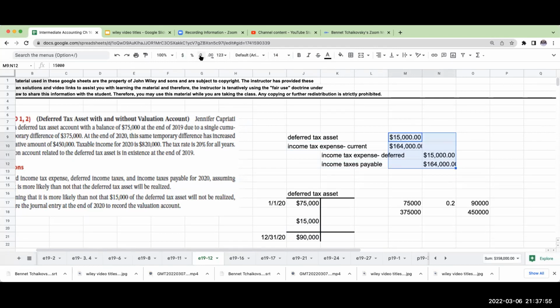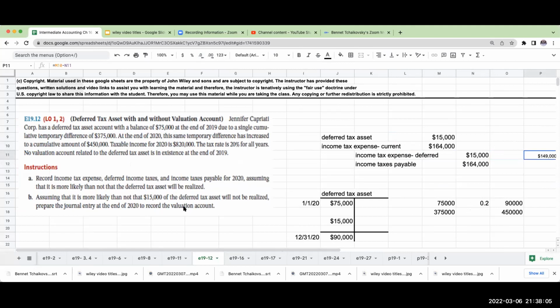When you look at the textbook, they're going to show income tax expense as being $149,000. Again, I do this for a very particular reason: it's because we have to go through and disclose it. I can go ahead and record it because as of right now, I'm assuming that the tax benefit is going to be realized. So this is for part A, and this is 12/31/20. This is how I'm handling part A.